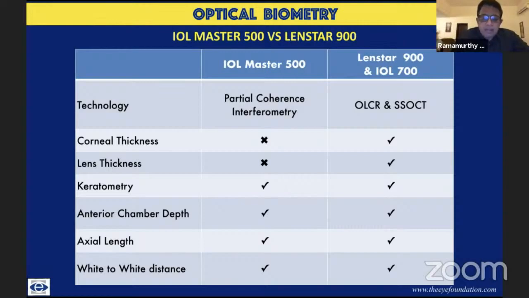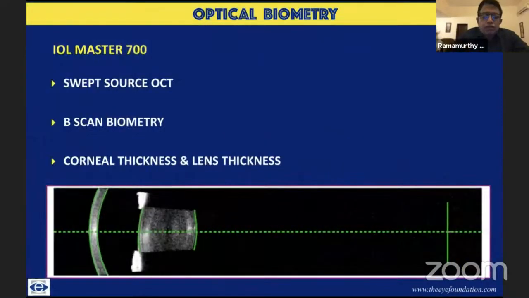So that's the reason these biometers work very well integrated with these modern generation formulas. Because of the Swept-Source OCT and the integrated B-scan biometry, both the corneal measurement as well as the lens thickness are reliably reproduced by these two instruments.